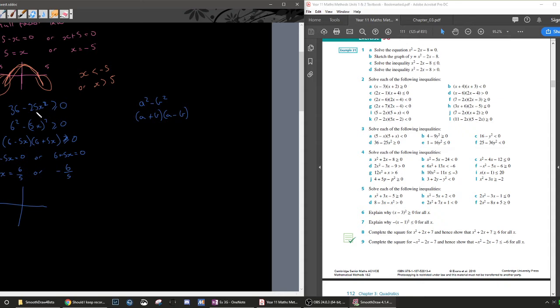Okay, now again it's a negative, so it's going to be up this way by 2 points. That's going to be negative 6 on 5, 6 on 5, and we want to know when our y value is greater than or equal to 0.